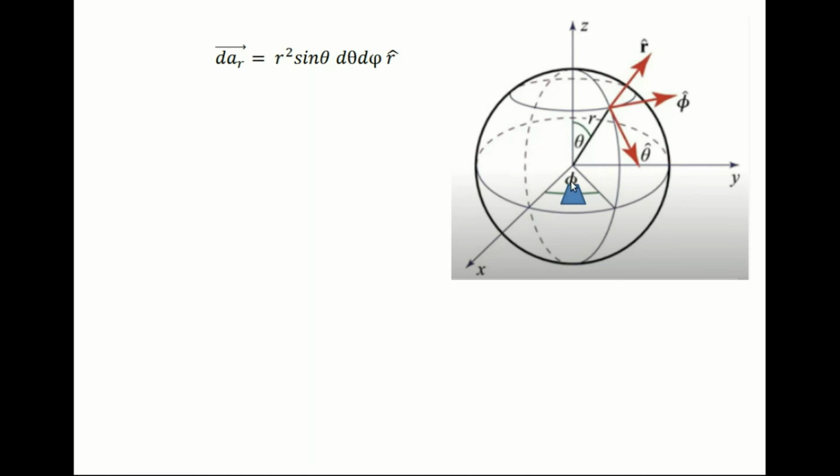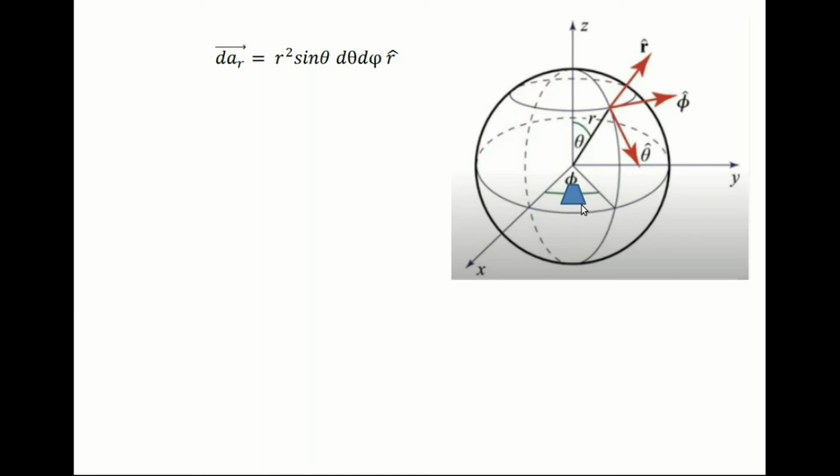So for this patch also, theta will be a constant. In this patch, r will change along this line. From here to here, we can see that r, which is the distance from the origin, keeps increasing. Phi, which is the angle from the x-axis, increases from this point to this point along the line.